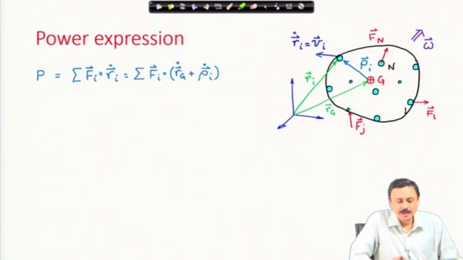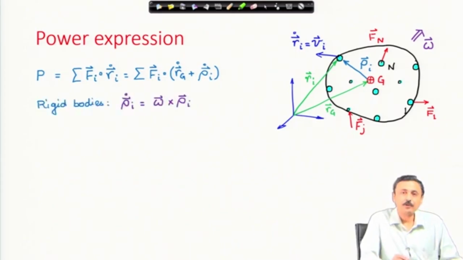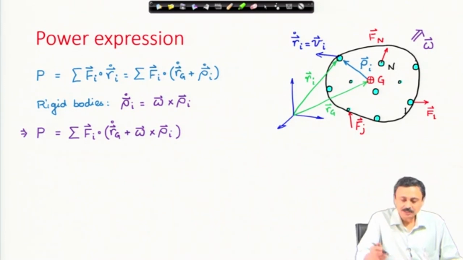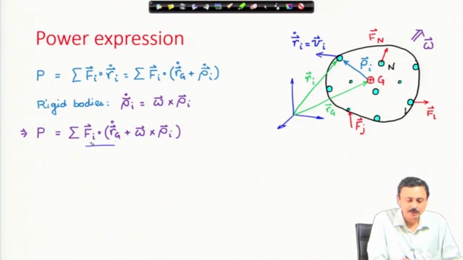Now, the power expression we had written like this: force dot velocity vector, and when I write r_i dot in terms of the velocity of center of mass and the relative velocity, for the rigid bodies, as you know, the relative velocity is omega cross the relative vector rho_i, and if you substitute these things in the power expression as I have done here, the first term, when I open these brackets, it will be only summation of Fi, because Rg has nothing to do with the summation.